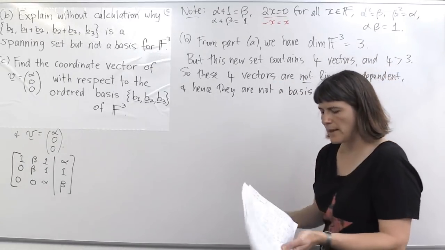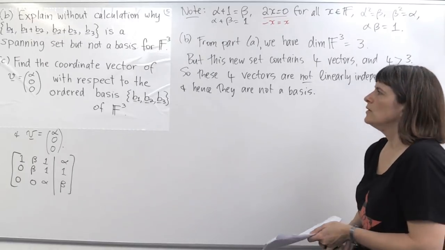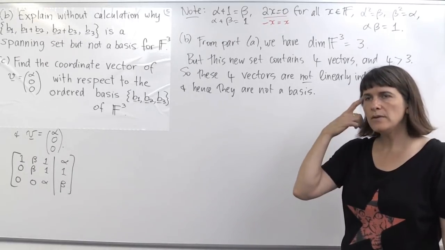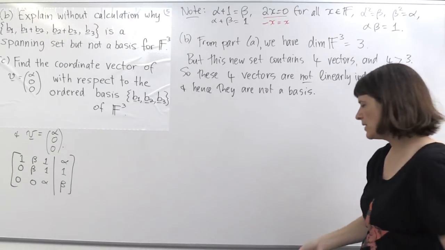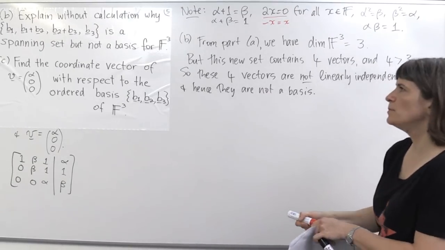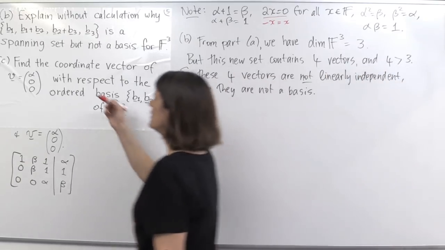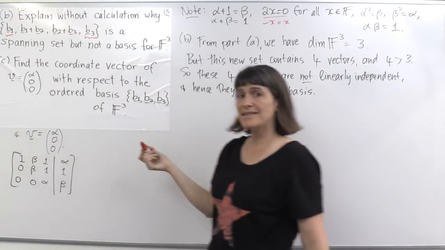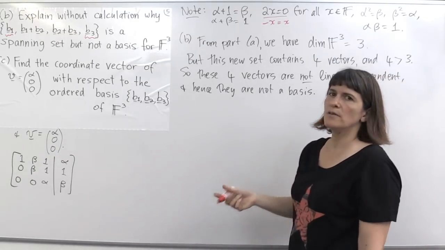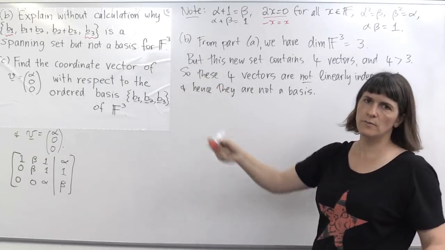Right, but to show that they're spanning, we know that any vector can be written as a linear combination of B1, B2, B3, because that set is a basis. We've already got B1 and B3 in our set. So it's enough to show that we can extract B2 from this information.